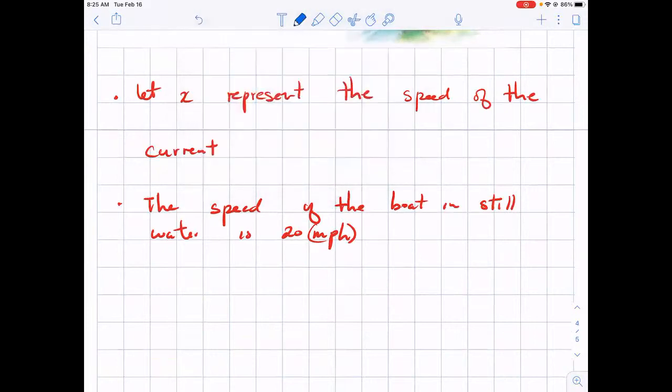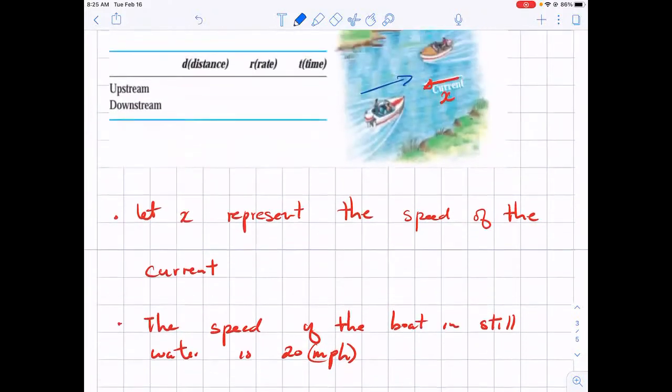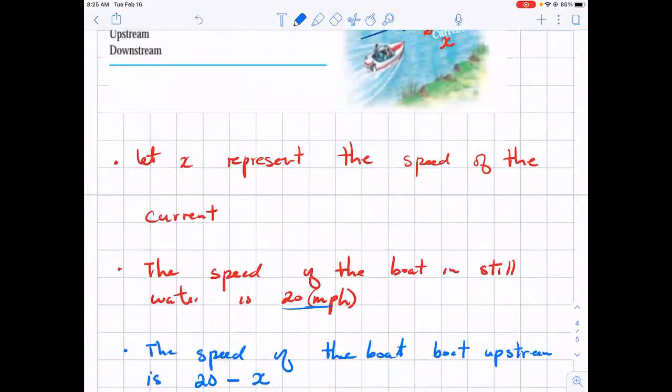So the next thing we want to write is the speed of the boat upstream. It is the speed of the boat, 20, minus some value x, because the current value is x. If it were still water, the boat would have been 20, which is what we established before.